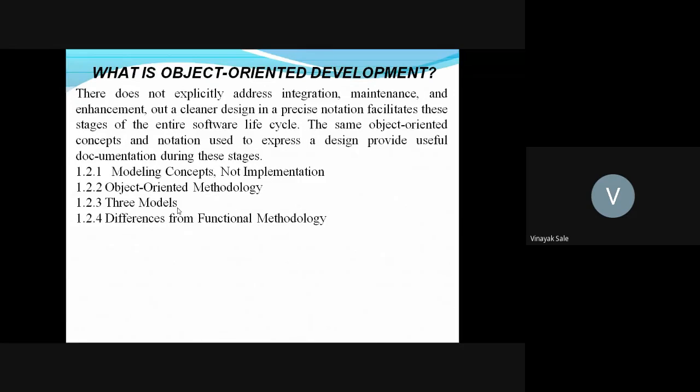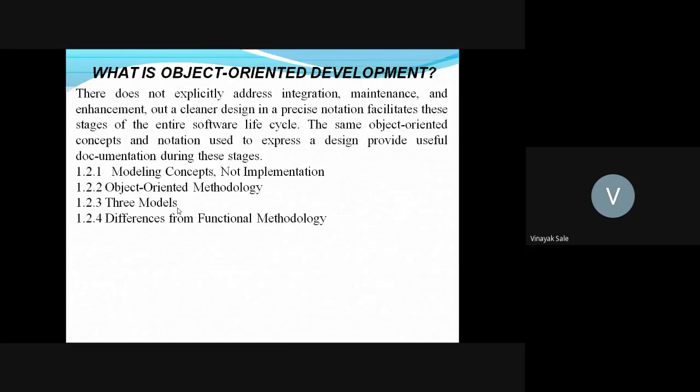A cleaner design in a precise notation facilitates integration, maintenance, and enhancement, the later stages of the entire software lifecycle. The same object-oriented concepts and notations used to express a design provide useful documentation during these stages.